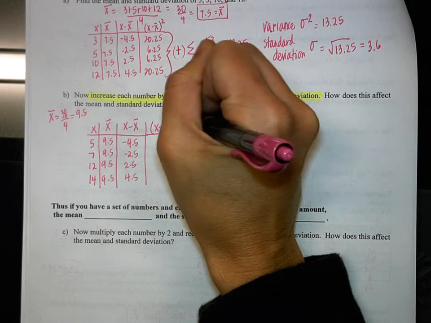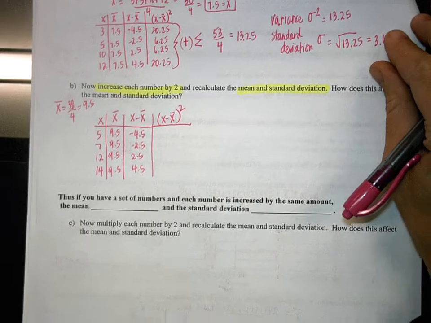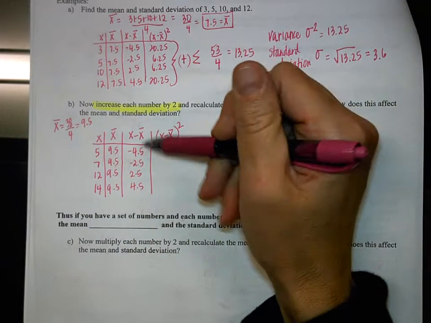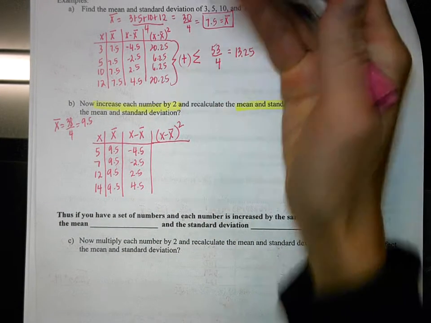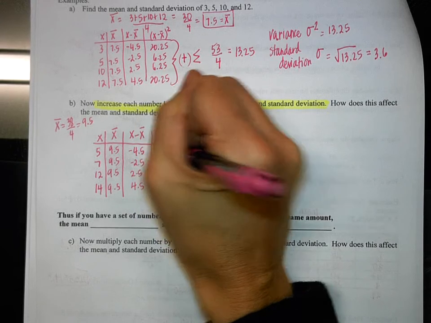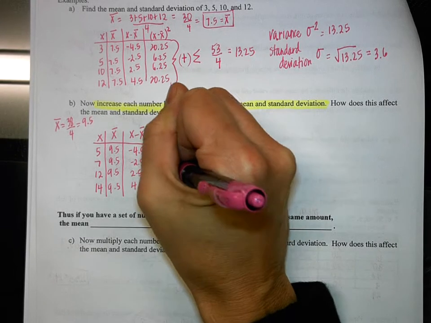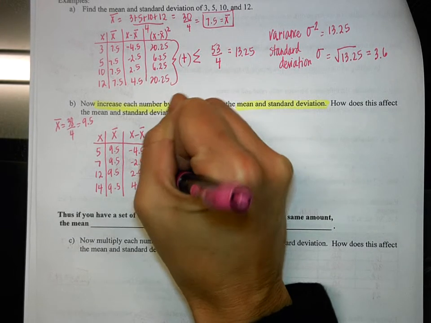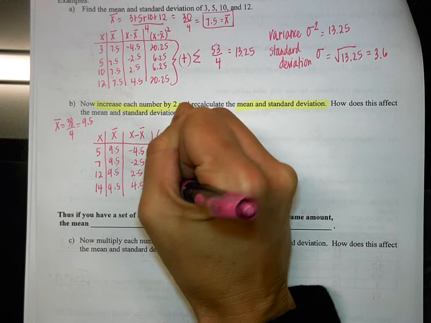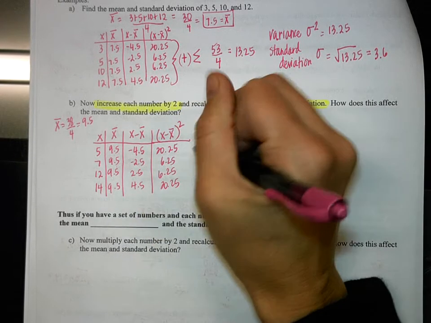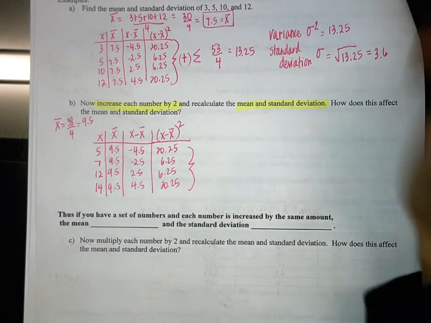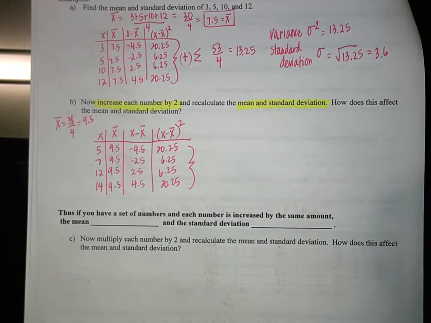Square those. So we take each of those numbers and square them, and these numbers match the earlier ones, so I don't even have to do any work here right now. That's 20.25, 6.25, 6.25, and 20.25. And then we have to add them all up together.